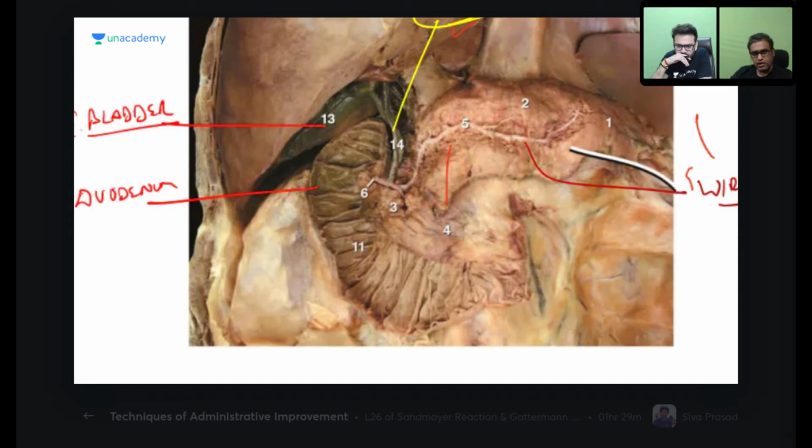So there is the major duodenal papilla. Now it is not shown over here, the minor, but you may imagine the minor is above it. Now any one of you can tell me, the minor papilla, how much distance proximal to the major papilla? Just a rough idea. Very good. Rough idea is 2 centimeters above the major papilla is the opening of the minor papilla.